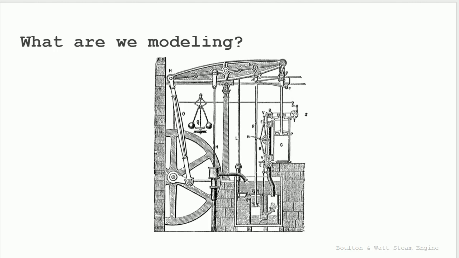The second question that I need to address is, what are we modeling? We are not modeling events or phenomena that are referred to as deterministic. Deterministic processes are ones in which, when given a certain input, you will always get the same output.